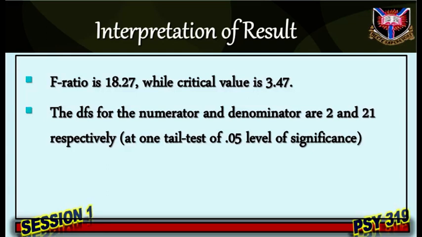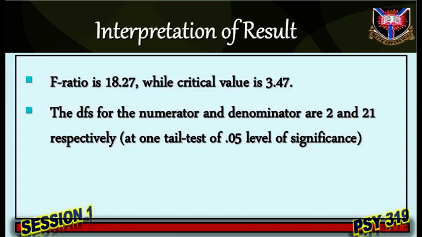Interpretation of results. From the calculation, our F ratio is 18.27. You now consult the statistical table to determine whether to reject or accept H0. The DFs for the numerator and denominator are 2 and 21 respectively.